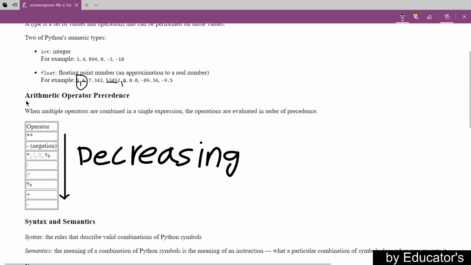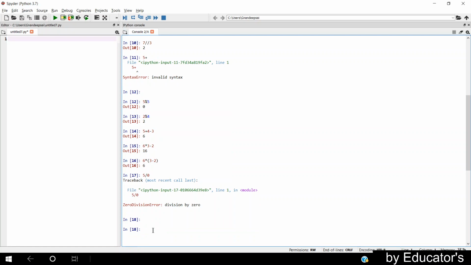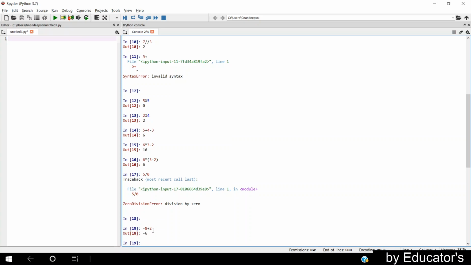Now I also told you about the arithmetic order of precedence. This is the arithmetic order: exponentiation, negation. So what actually is negation? Negation is something like negative 8 plus 2. Actually, we should read it as negated 8 plus 2.